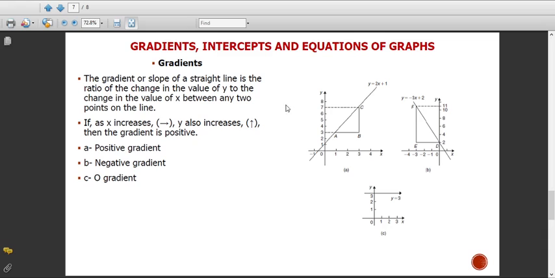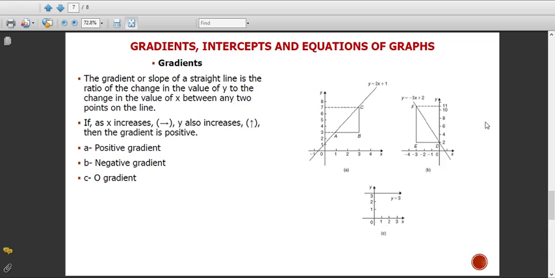And in scenarios where x increases and y also increases, for example, in the first graph here, as x increases, y also increases, their gradient will always be positive.